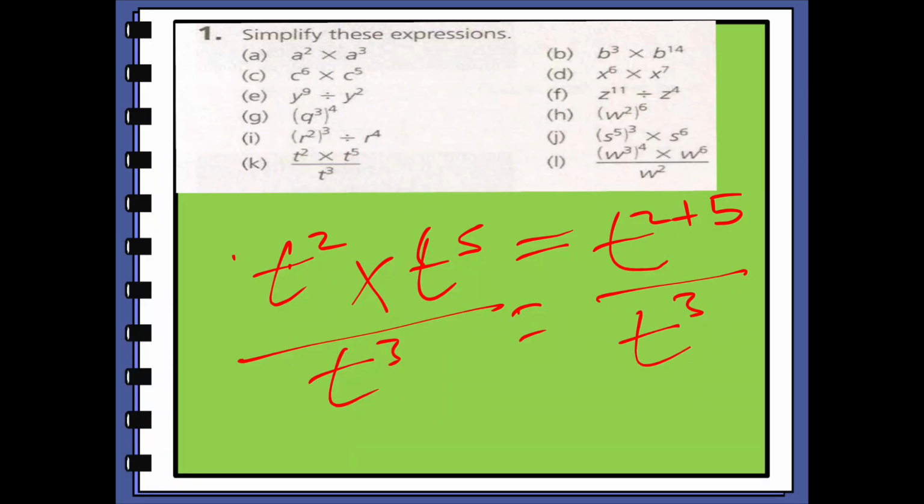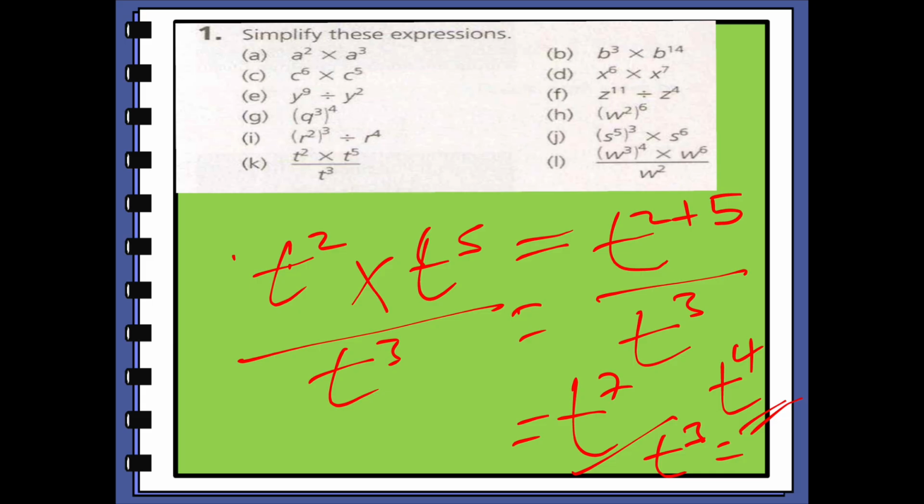So we do know that 2 plus 5 is 7, meaning our answer is t power 7 over t power 3. Now, an over in mathematics is a symbol of division, and we know that when you're dividing powers, you subtract. So in this case, 7 minus 3 gives us what? 4. And our answer is t power 4.